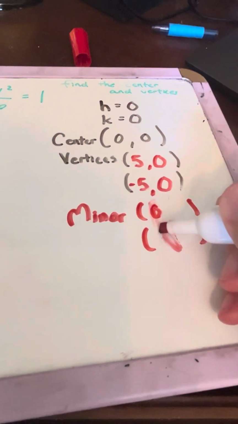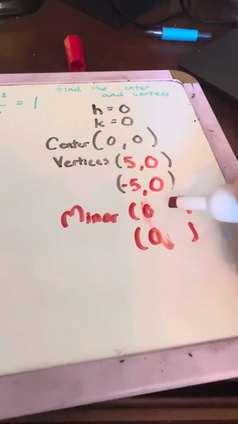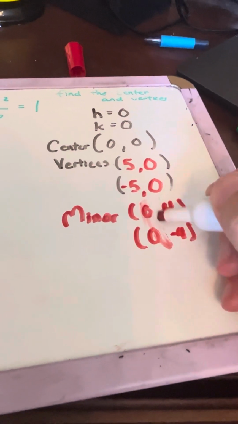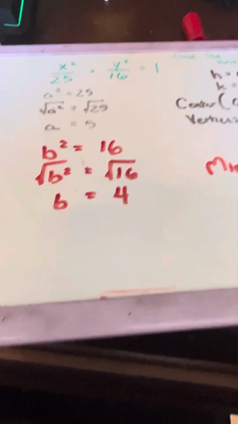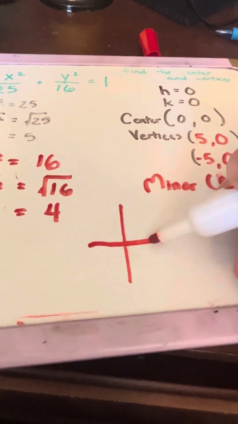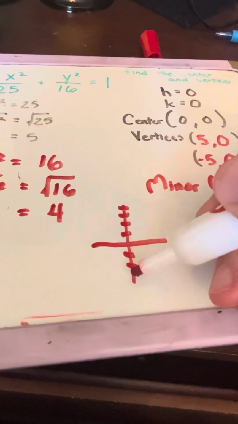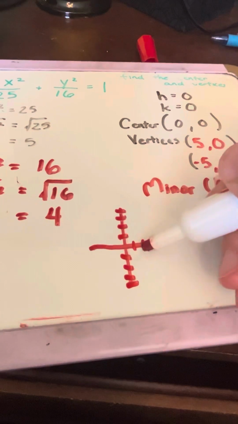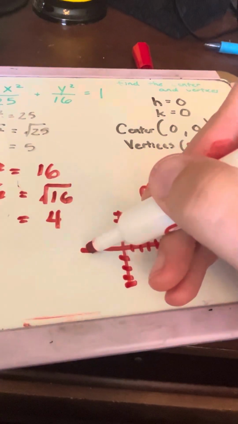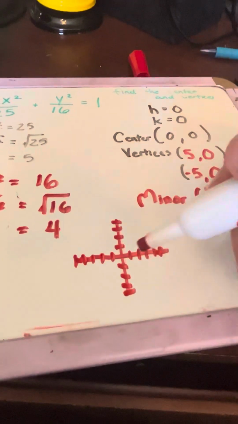So for our minor axis vertices, we're going to end up with 0s here, and then 4 and -4 here. If you were going to graph that, a short interpretation of it: we've got to at least have enough spots to graph, so 1, 2, 3, 4, and extend our graph out a little bit to 5.